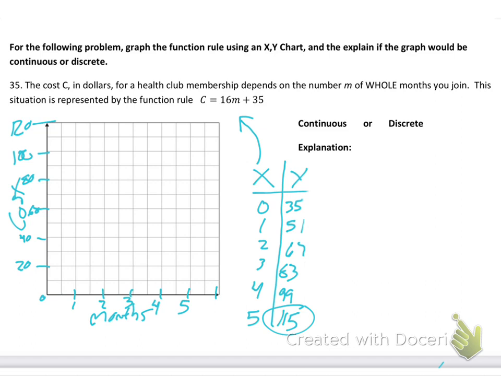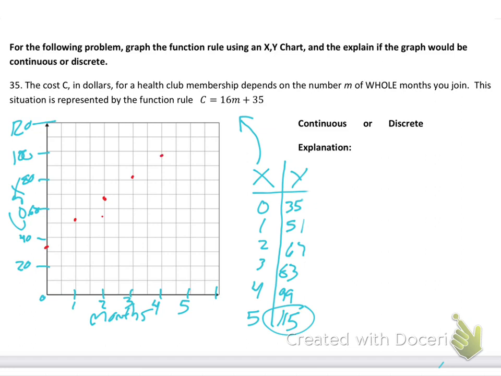And then I'm just going to graph these points. So it'd be, let's see, 0, about 35 is right about there. 1, 51, is about there. 2, 67. 3, 83. 4, 99.